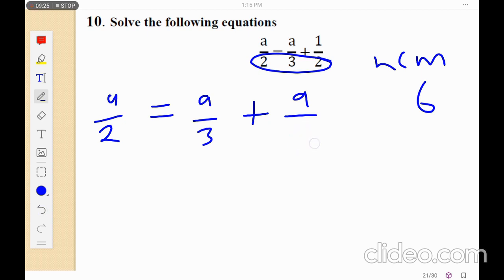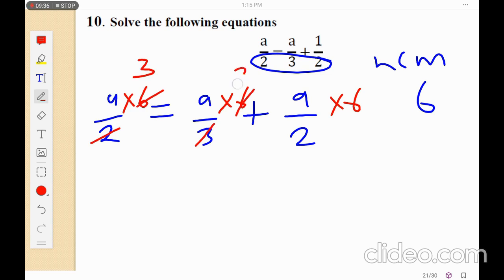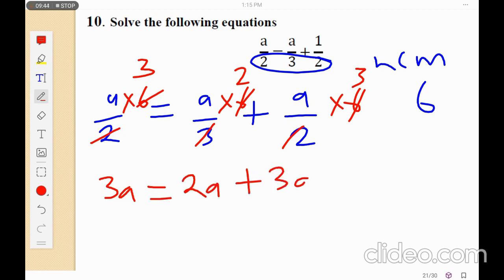So I'll multiply by 6 both sides. 2 into 6, 3. 3 into 6, 2. 2 into 6, 3. So I have 3a is equal to 2a plus 3 there.